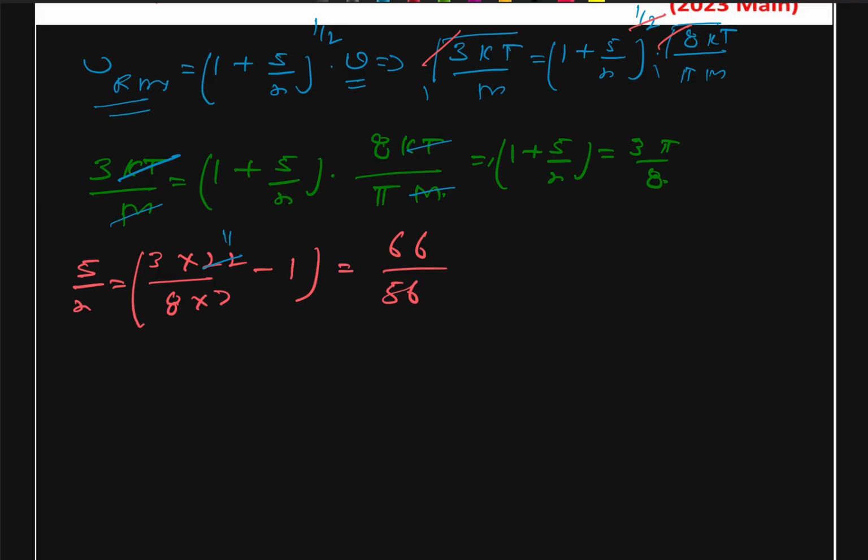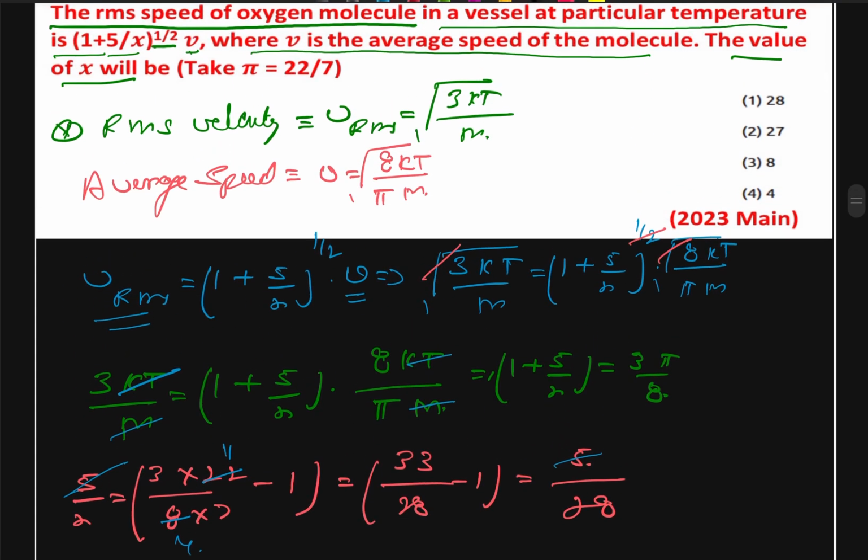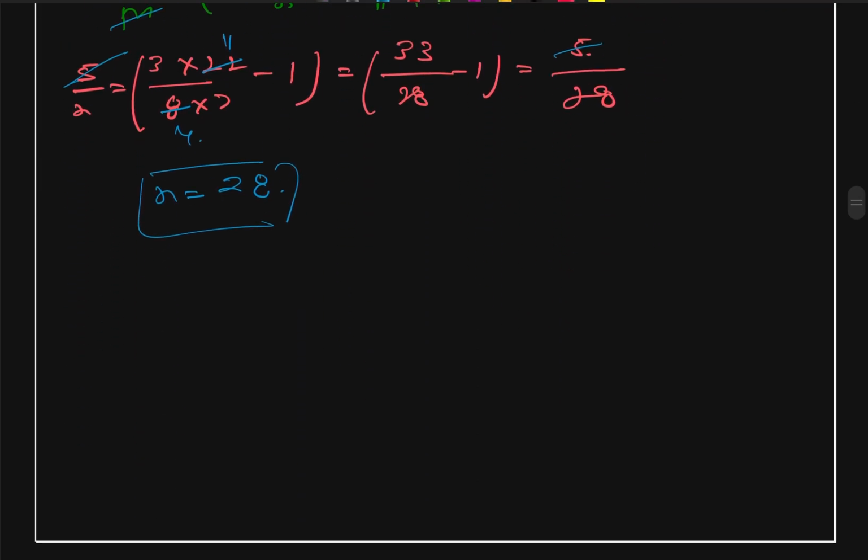This goes by 11 and this goes by 4, and we get 33 upon 28 minus 1, which gives us 5 upon 28, and this 5 and 5 cancel out, so we get value of x is equal to 28. So option 1 is correct.